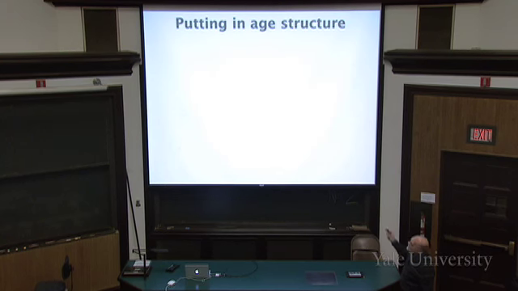One of the most obvious things about populations is that organisms of different ages reproduce at different rates and have different risks of dying. So it would be nice to be able to do population dynamics with a bit more realism by sticking in all of that difference that age structure makes. In other words, doing demography.